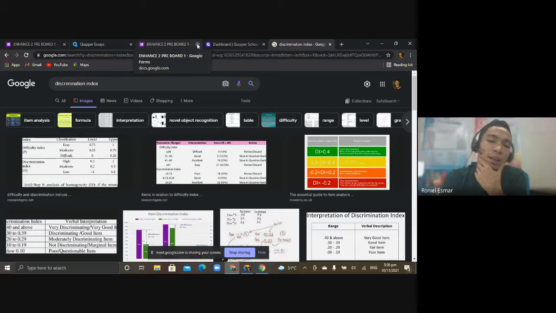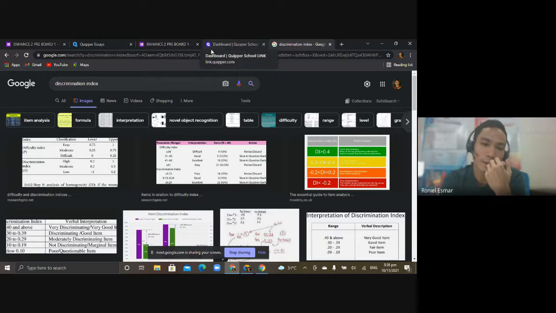Dili day necessarily nga maabot pa tag negative 1. 0.25 lang di ay. If it's 0.25 ang iyahang difficulty index, then we can classify it as difficult. And so therefore, the appropriate action we should be doing with it is that we should also revise or discard that item.